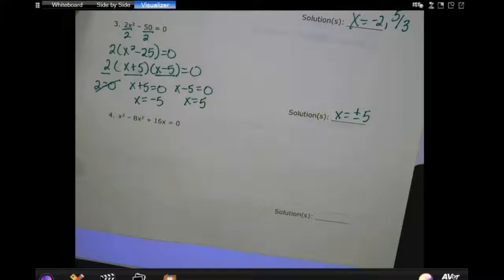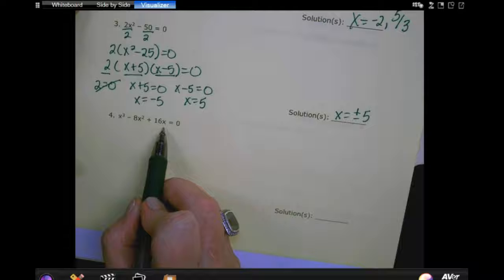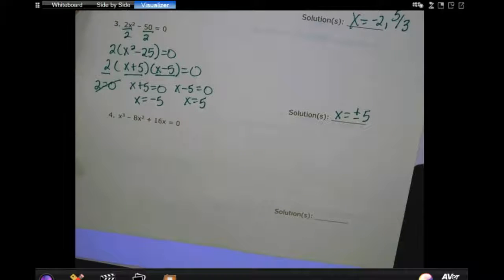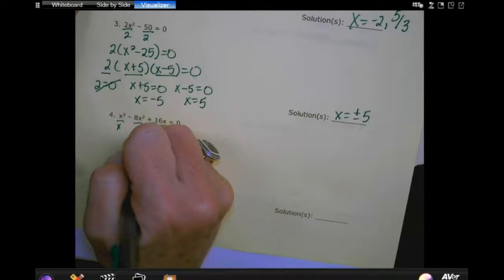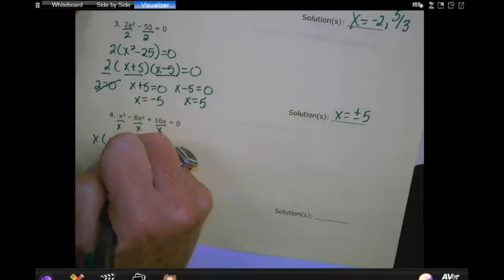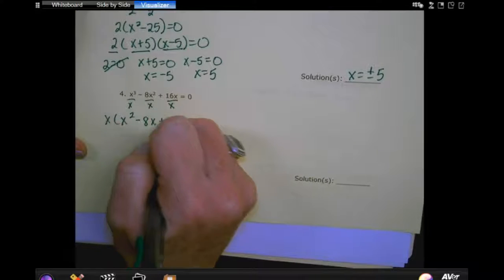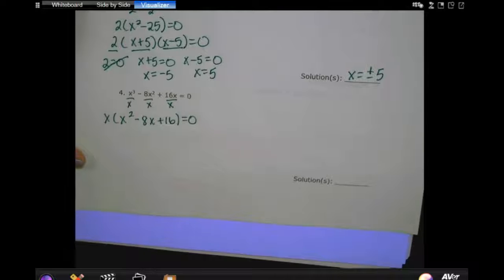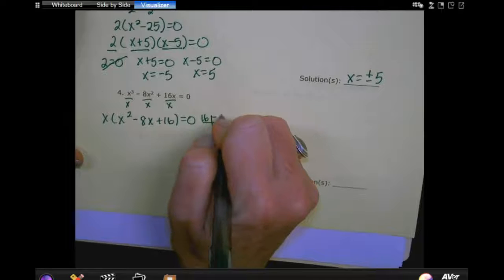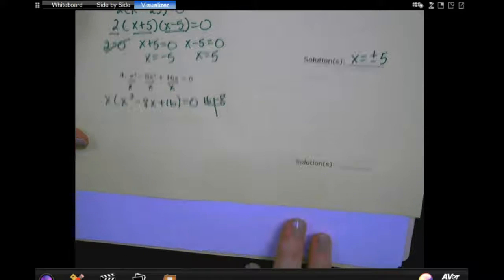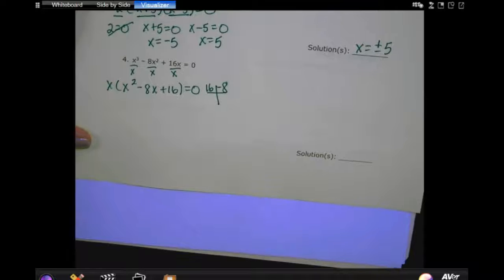So number 4, what's the greatest common factor? So be careful because, see this one? So it's just the x, right? You want the lowest one in all of them, so that's just x. So when I divide, I get x squared minus 8x plus 16. So my a times c is 16, and my b is negative 8. So what factors do I want?